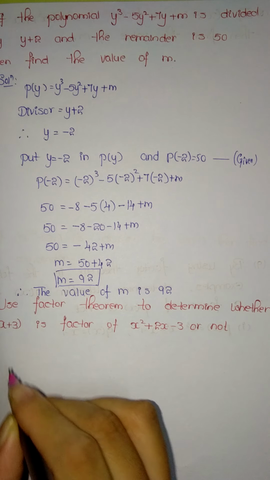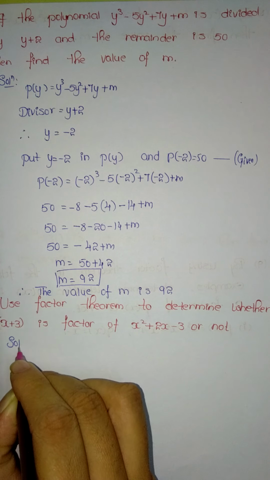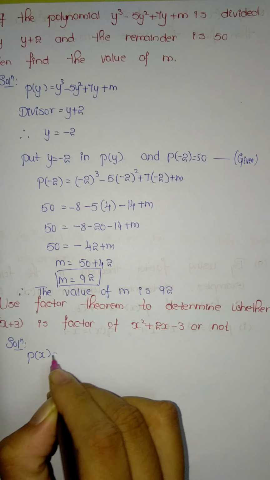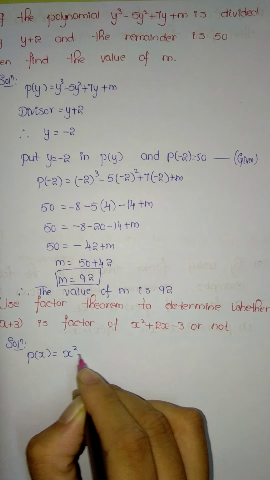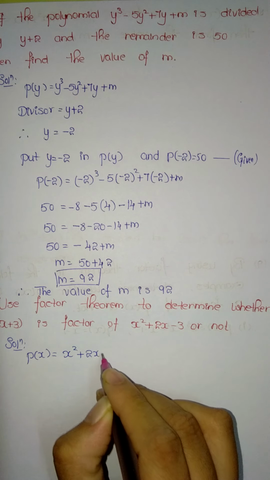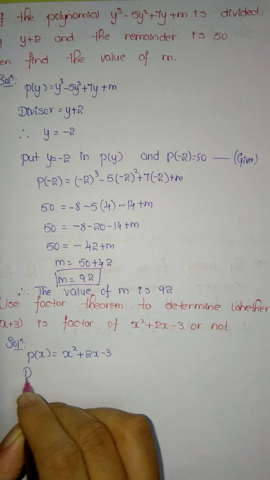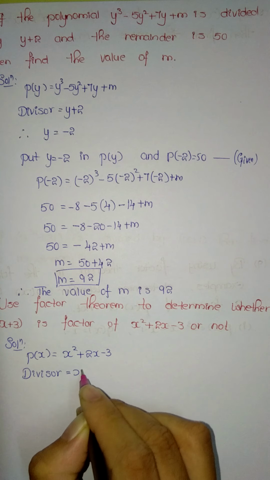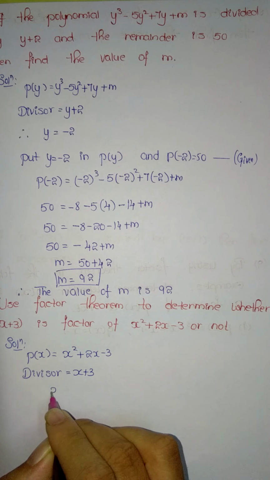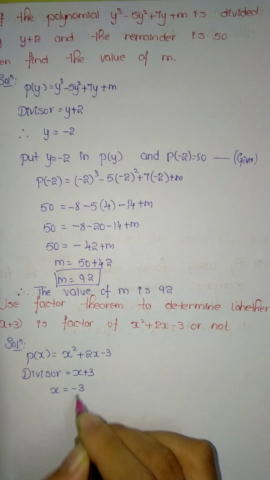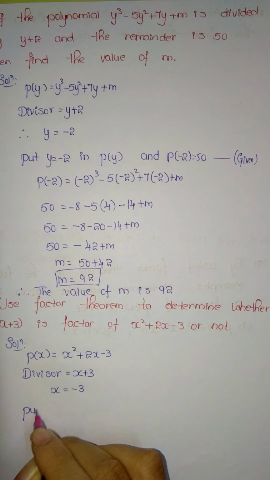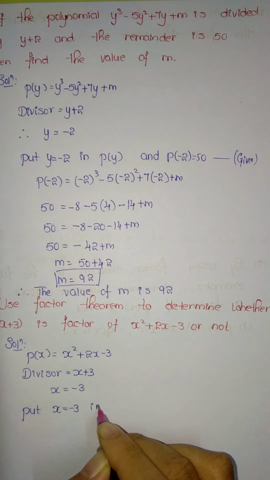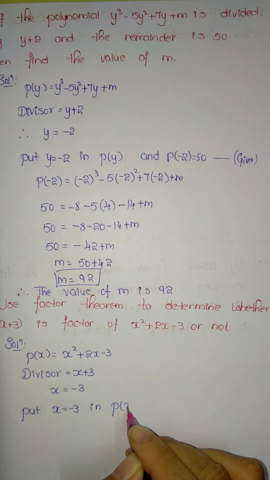So let's start. Let's consider p of x equal to x square plus 2x minus 3 and divisor equal to x plus 3. So we have to put x equal to minus 3 in p of x.